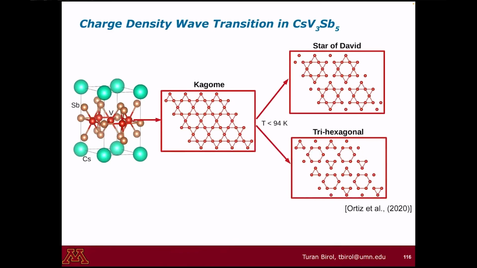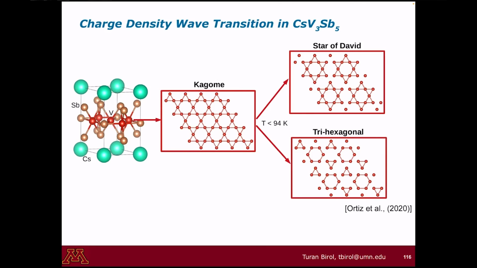So it's a so-called charge density wave transition, where the electrons spontaneously want to break the translational symmetry and force the atoms to displace in specific forms. Below 94 Kelvin, some vanadium atoms get closer to each other to form closed loop bond patterns. Those bond patterns were discussed to be either Star of David or the trihexagonal pattern, but it turns out that these give rise to extremely similar X-ray diffraction results, and therefore there wasn't an experimental resolution at the time about what the low temperature crystal structure is.